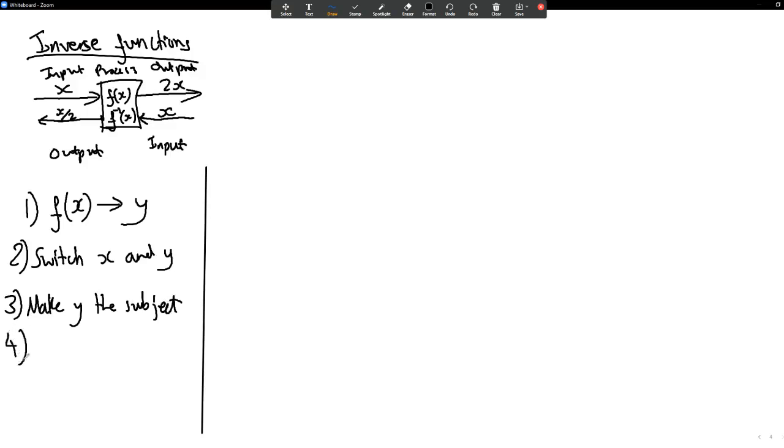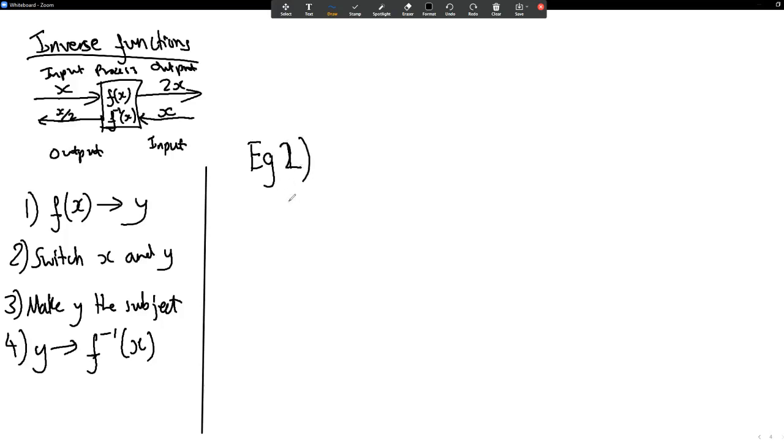And 4, you need to turn the y's into f minus 1 of x. But just make sure that it is f. If it's g, for example, this will have to be g and g minus 1 of x. Now, this might seem a little bit complicated, but many of these steps are actually quite trivial. It's the third step that's the difficult part. So let's do an example.